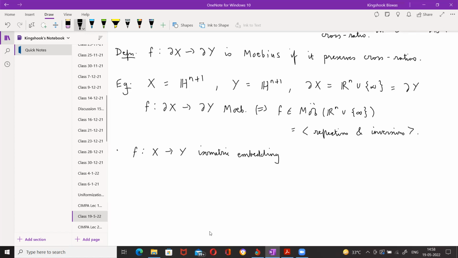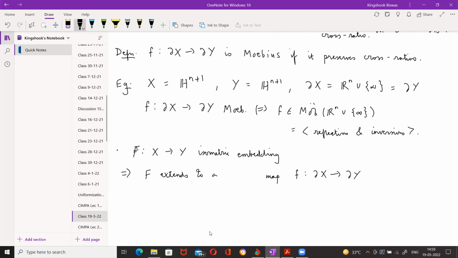Because equivalent geodesics in X will go to equivalent geodesics in Y, since F preserves distances, right? Yes? Yes. So let me call this capital F. So what we get is that F extends to a map, little f, from boundary X to boundary Y. But we know more about this map.